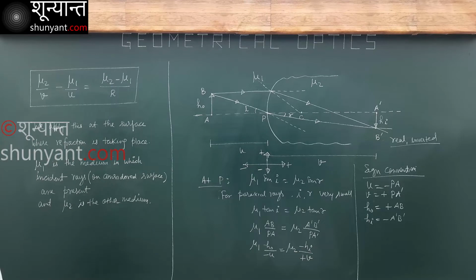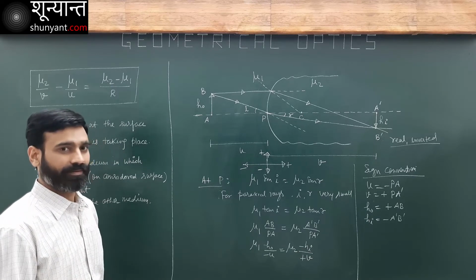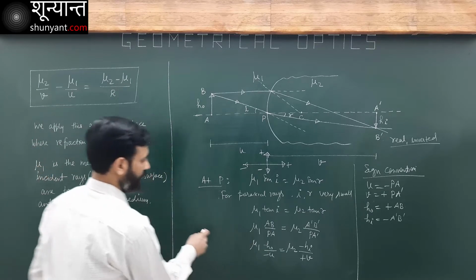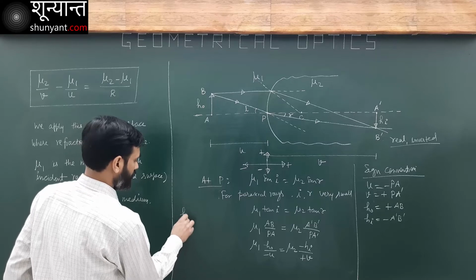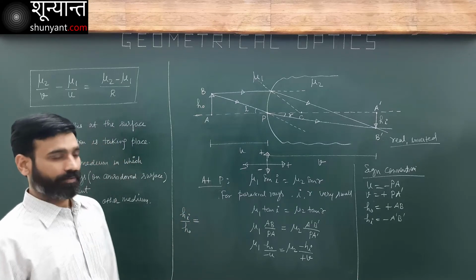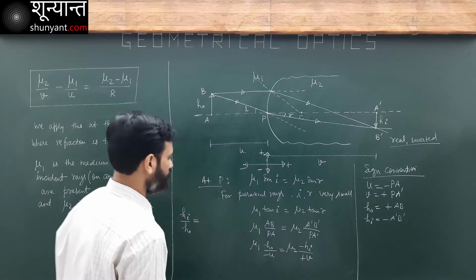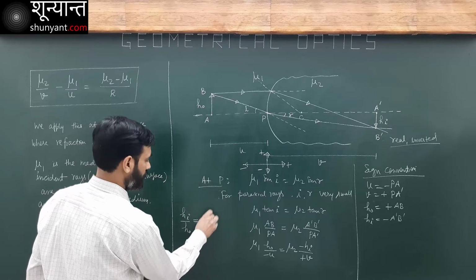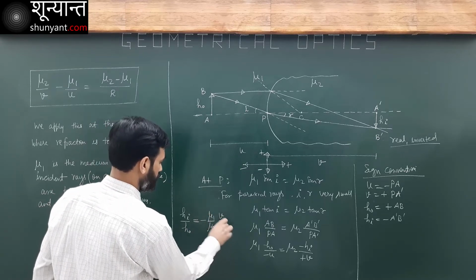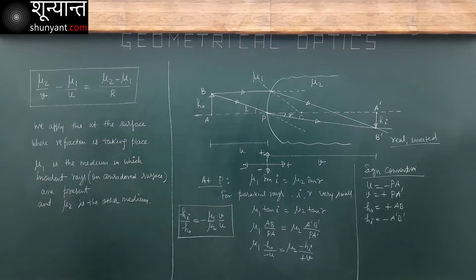Do you see this? Okay. Do you see this? What do I have? Height of image over height of object is going to be equal to V by U minus of mu1 over mu2 V over U. Think about it.